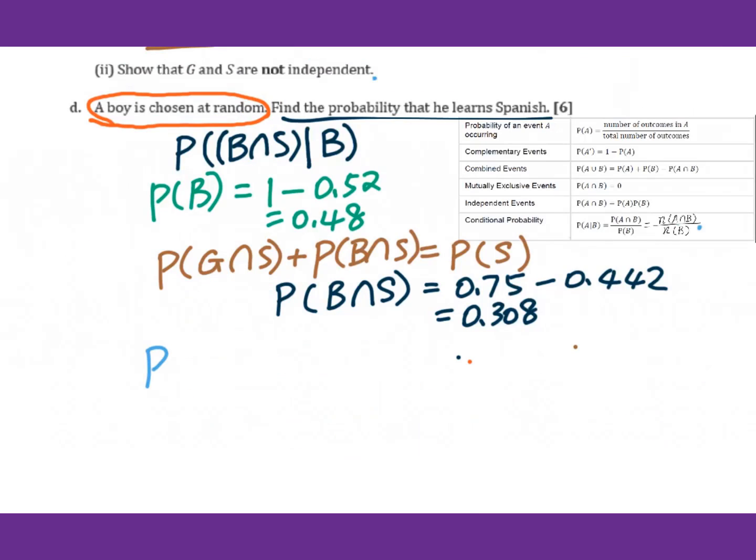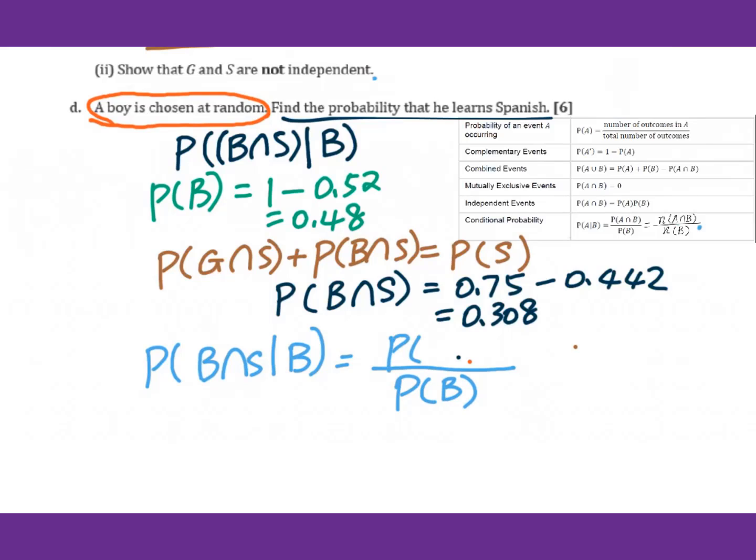Therefore, probability of Spanish given that this student is a boy equals probability of boy and Spanish over probability of a boy as the denominator. You will get 0.308 over 0.48 equals 0.642.